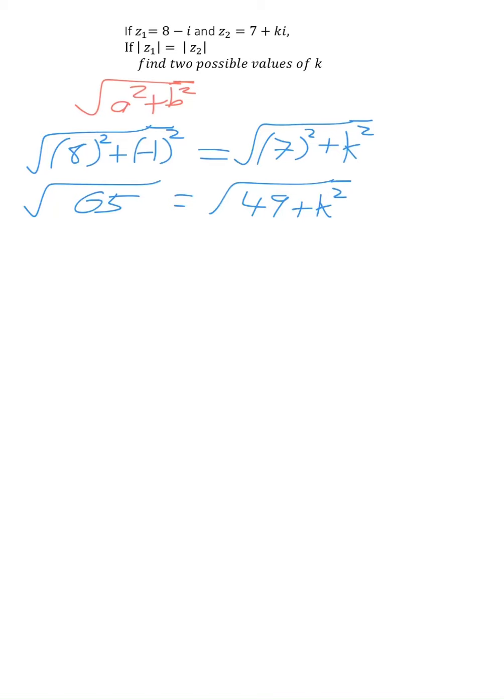Now, to get rid of the square root signs, like the question before, I'm going to square both sides. By squaring both sides, I'm left with 65 equal to 49 plus k squared. Bring the 49 across, it'll become minus 49, and 65 minus 49 is 16.